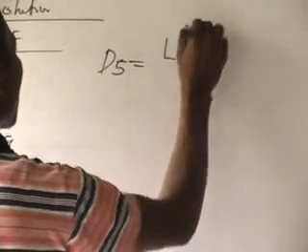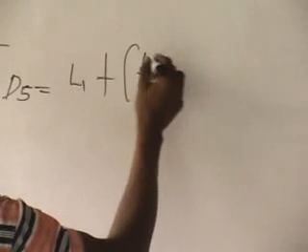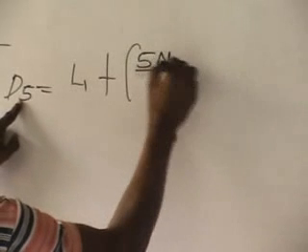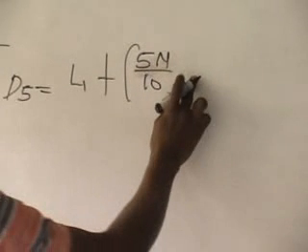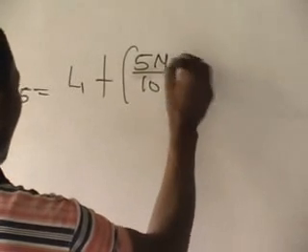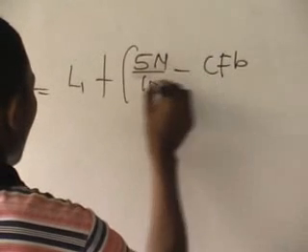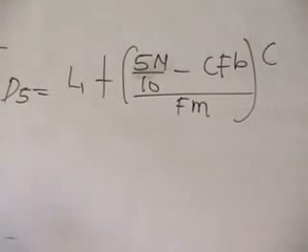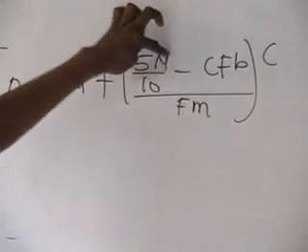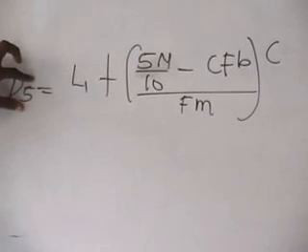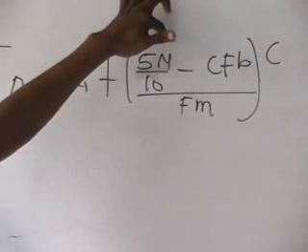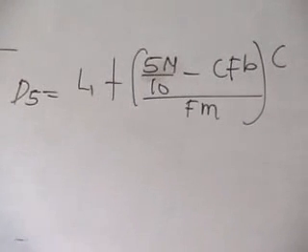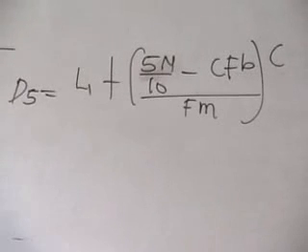The formula is L1 plus, 5N all over 10, minus CFB, all over FM, bracket C. If you are looking for 5th decile, there is going to be 5N. If you are looking for 10th decile, it's going to be 10N. Are we together? Whatever you have here, that is what will be attached to N.